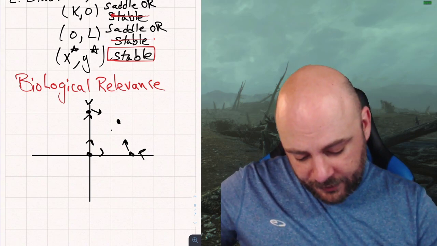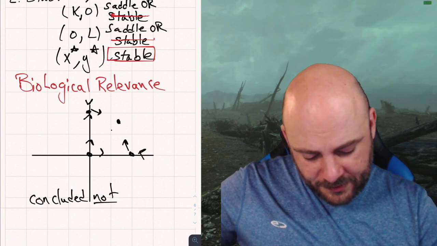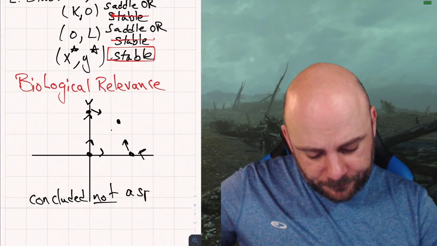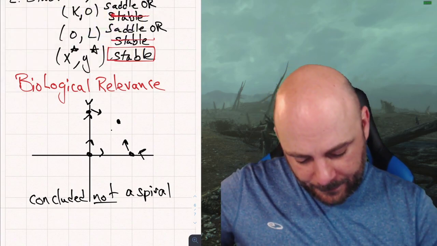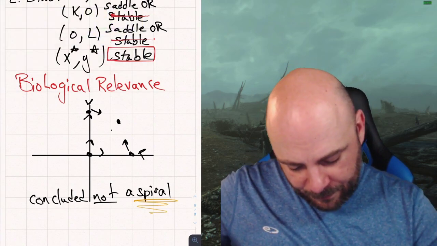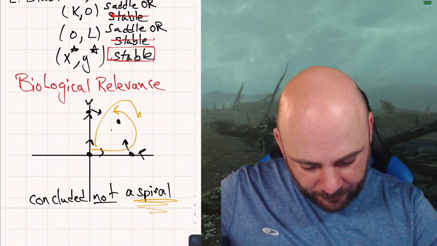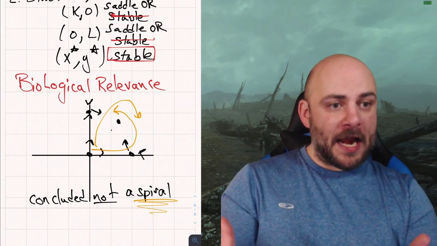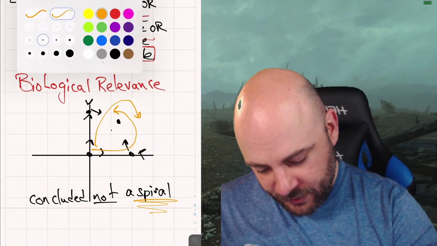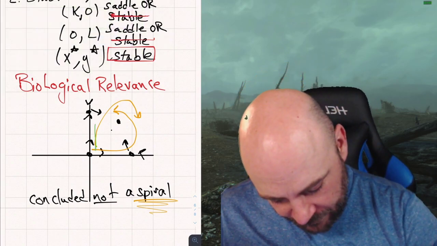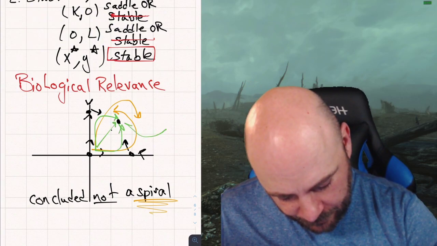And then we concluded not a spiral by doing the following. By noting that this would have to go this way, but this one would have to spiral that way. And you cannot reconcile those two things. So all my flow ended up looking like this.